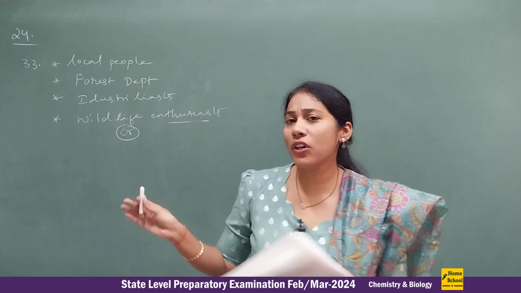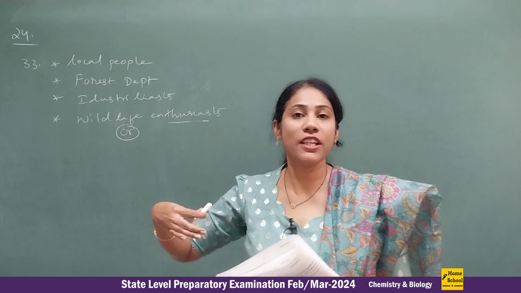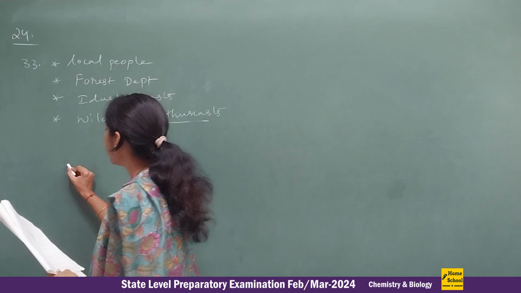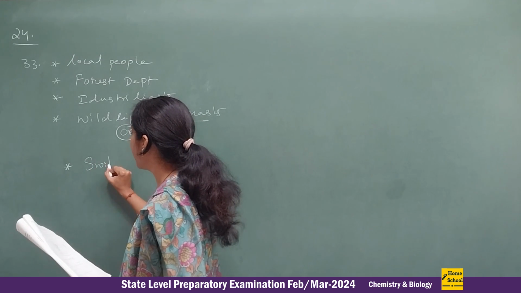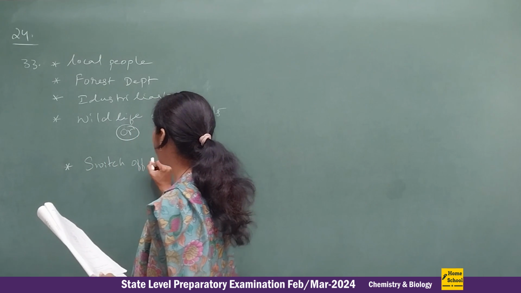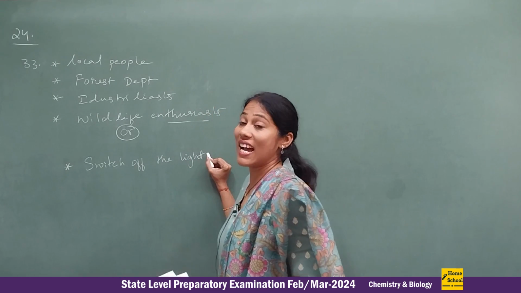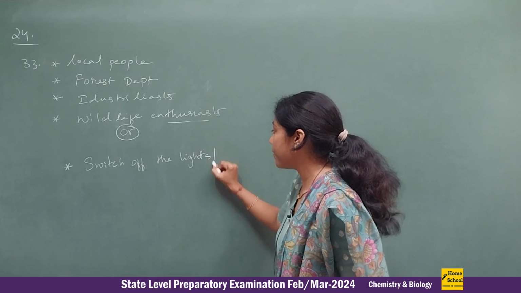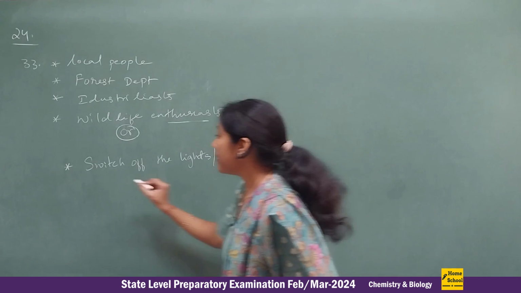So which are the 4 things you can do to minimize the usage of electricity? The first point is switch off the lights and fans when unnecessary, at houses, when you are not using them.